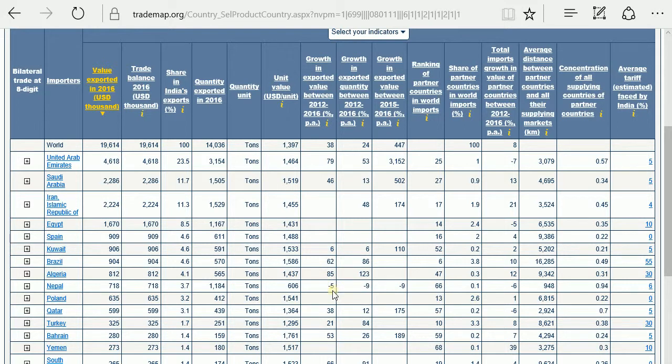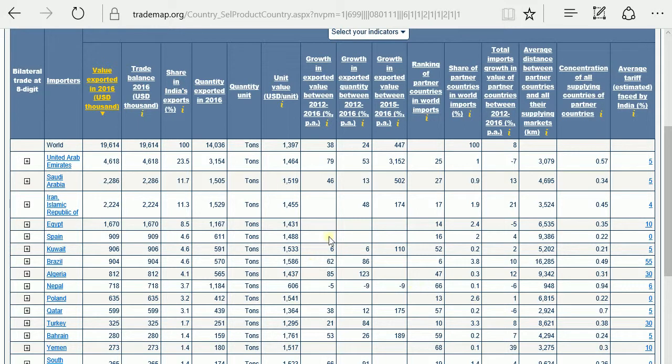That means there is a little increase in the price from one year to the next. And the growth in the last year has also recorded a negative growth. This means the imports of desiccated coconut have been decreasing. Though it is in the top list of importers, as a new exporter, I will try to avoid Nepal and concentrate on UAE or on the countries from the export potential map.